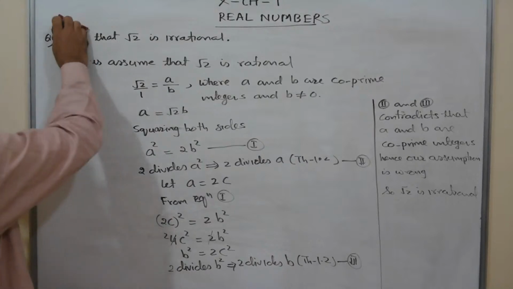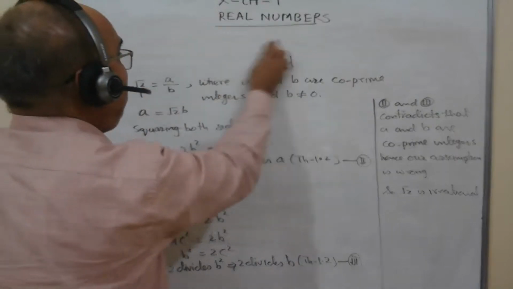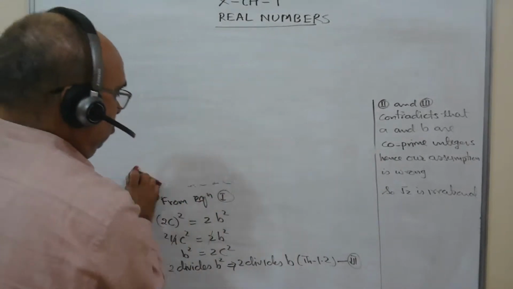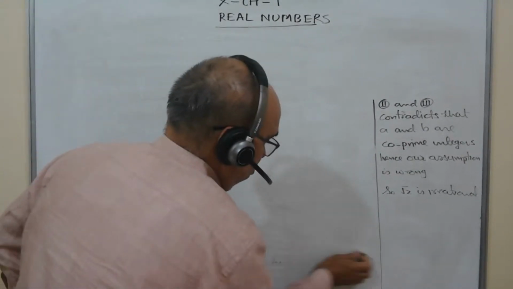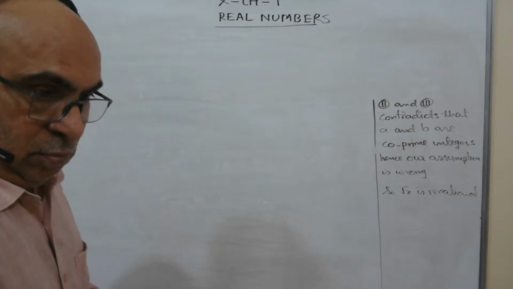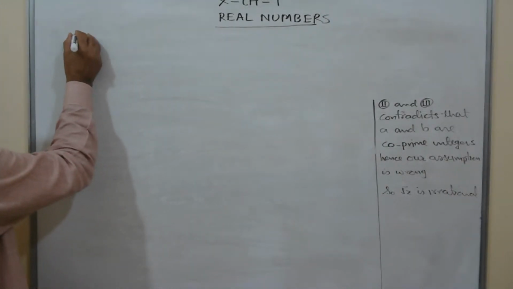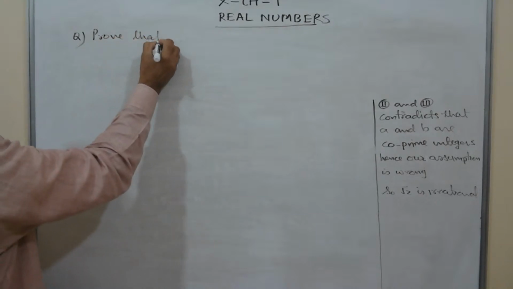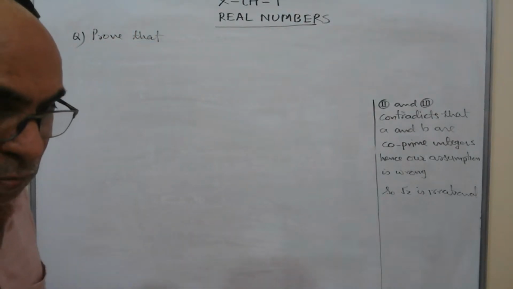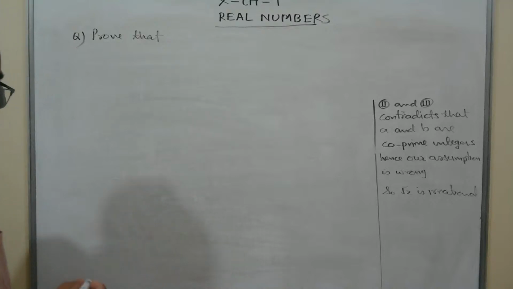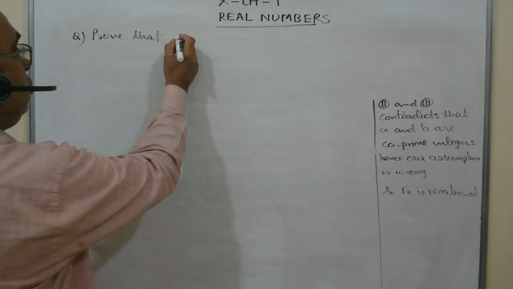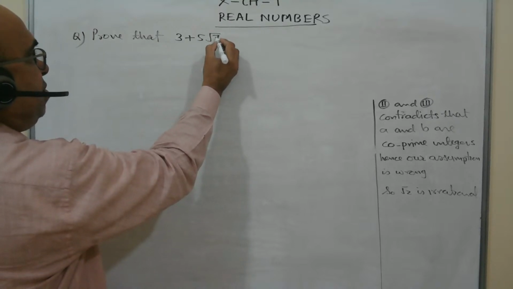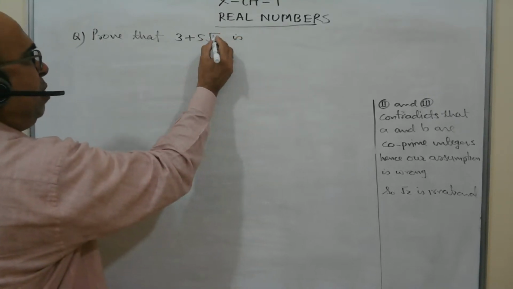Now I will do the second type. Question: prove that 3 plus 5 root 2 is irrational.